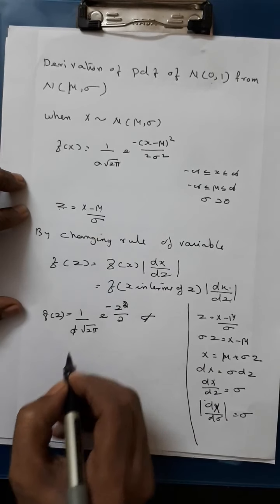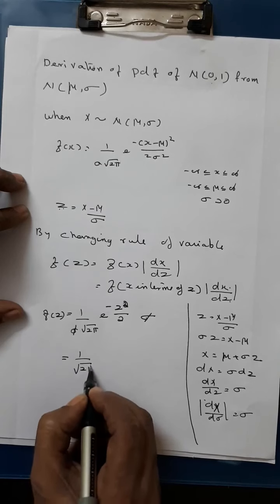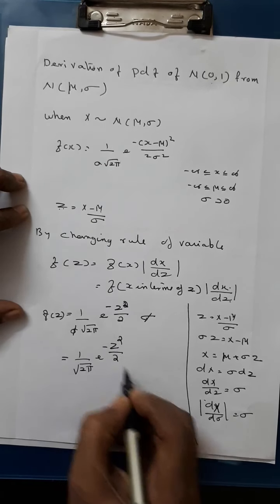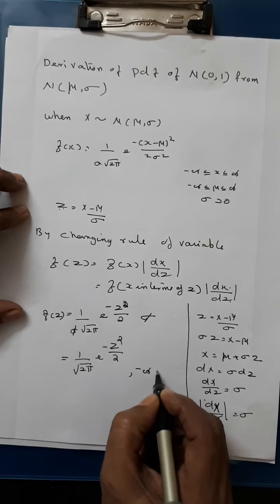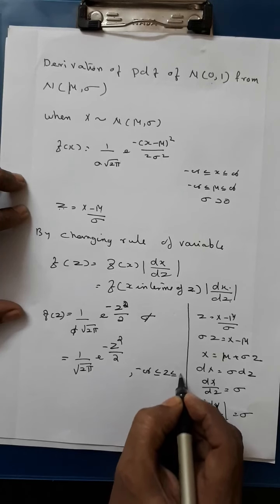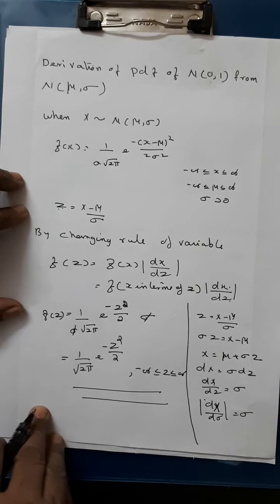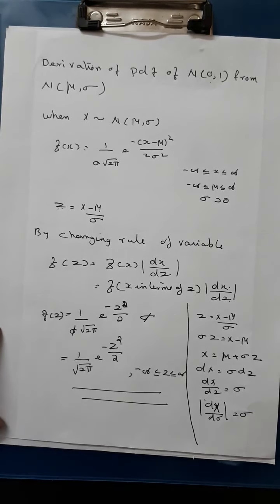Sigma and sigma get cancelled, so we have 1 by root of 2 pi e raised to minus z square by 2. And what is the range of z? The range of z is from minus infinity to plus infinity. So this is the PDF of a standard normal distribution.